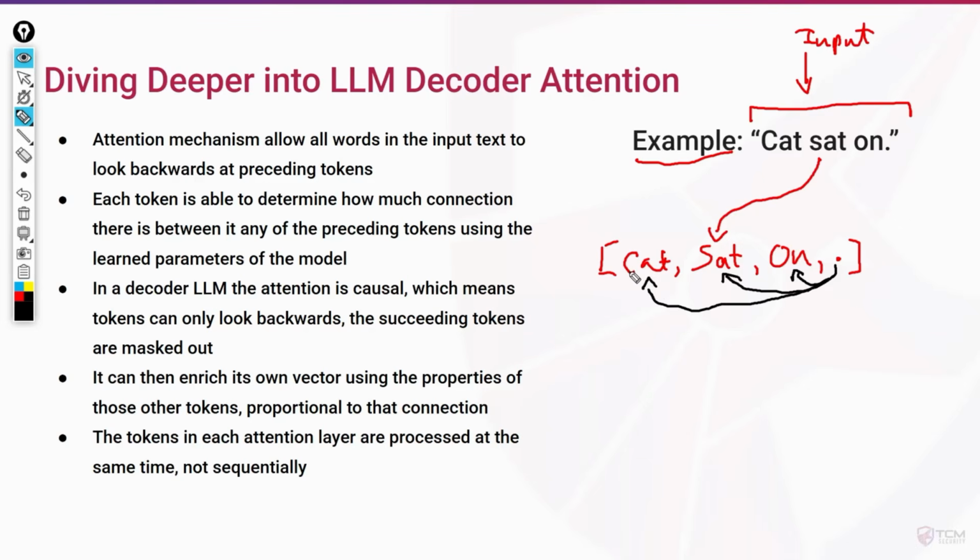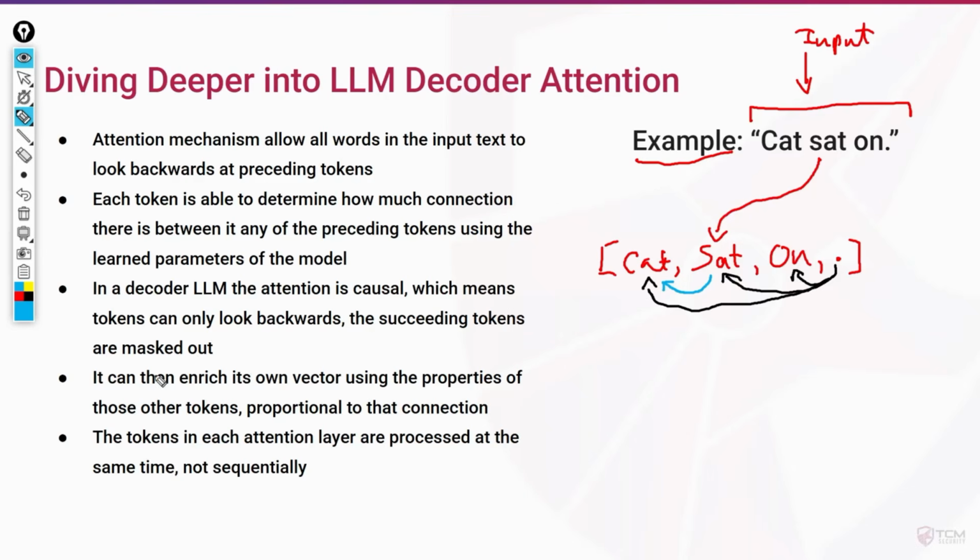However, if we maybe go to blue for sat here, well, sat can only look at cat. It can't peek ahead or cheat to see that the next one is on. So what this means is that the attention is causal, which means, of course, that tokens can only look backwards. The succeeding tokens, so everything after, so on and period, these are masked out.